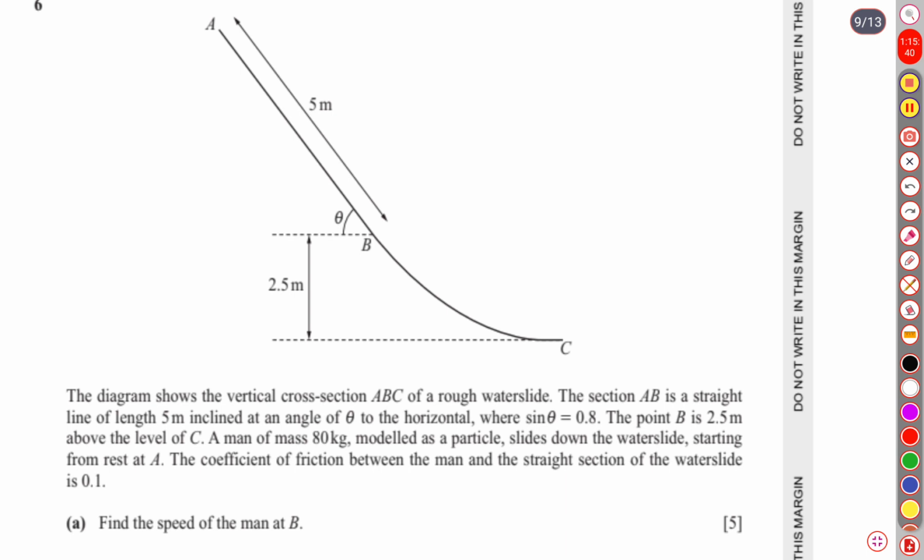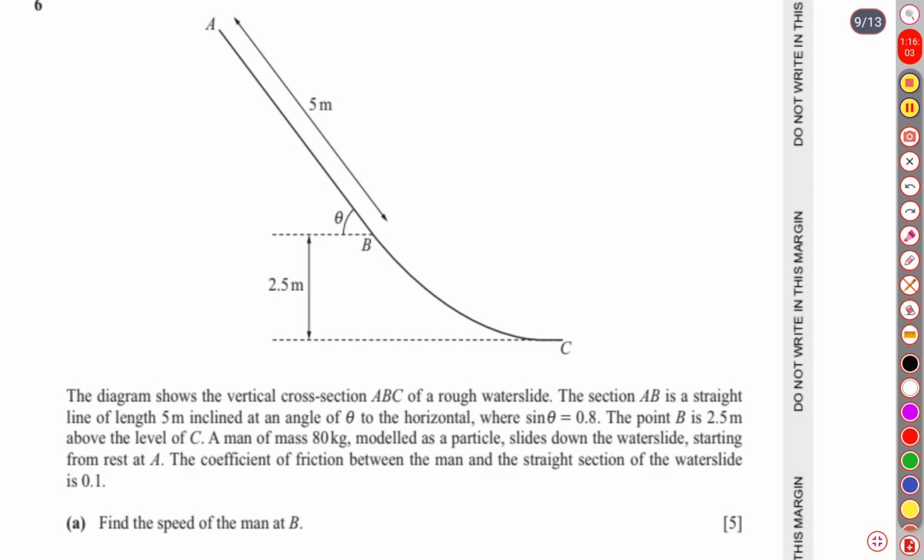The point B is 2.5 meter above the level of sea. A man of mass 80 kg modeled as a particle slides down the water slide starting from rest at A. The coefficient of friction between the man and the straight section of the water slide is 0.1. Find the speed of the man at B.